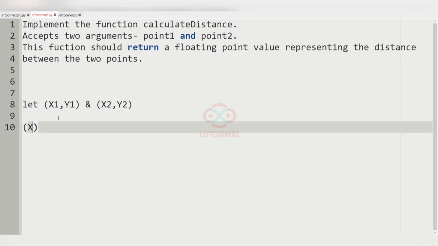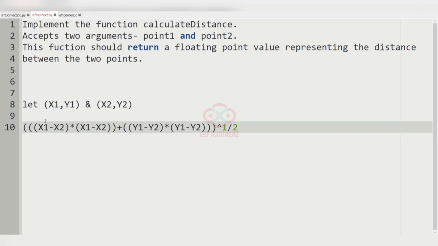Now let us write the distance formula: x1 minus x2 times x1 minus x2, plus y1 minus y2 times y1 minus y2, the whole power of 1 by 2, that is nothing but a square root. So this is the distance formula.